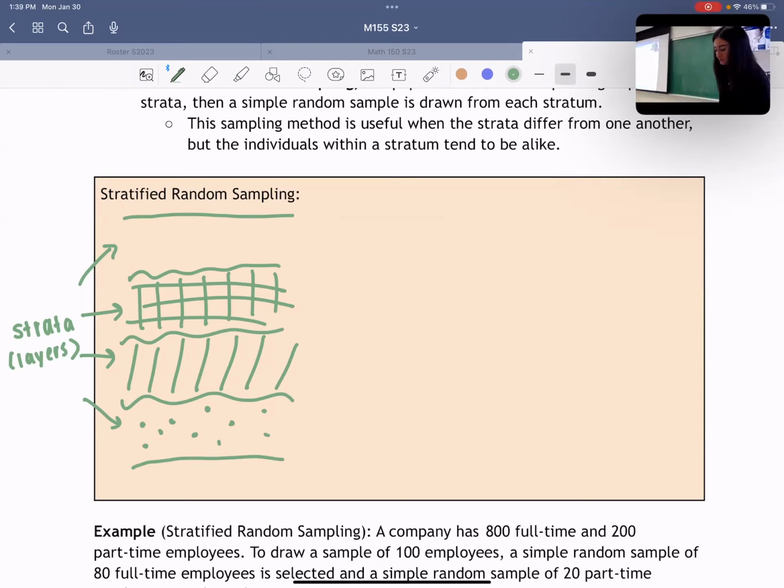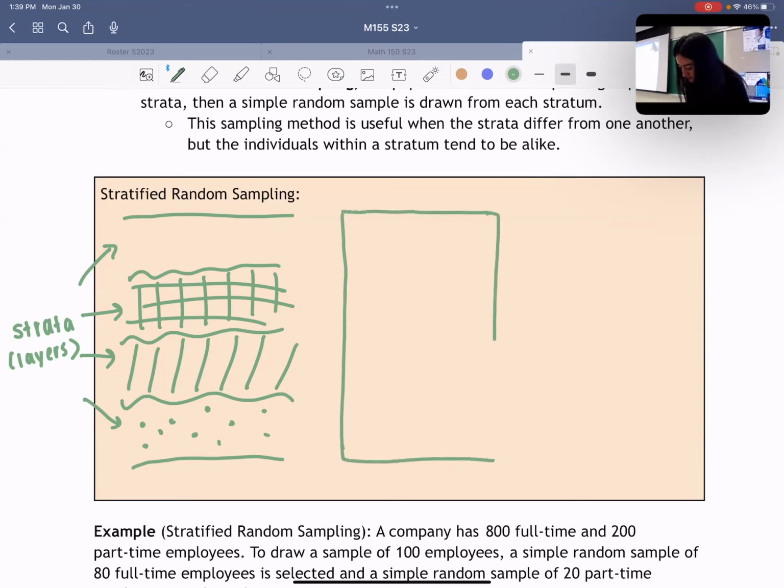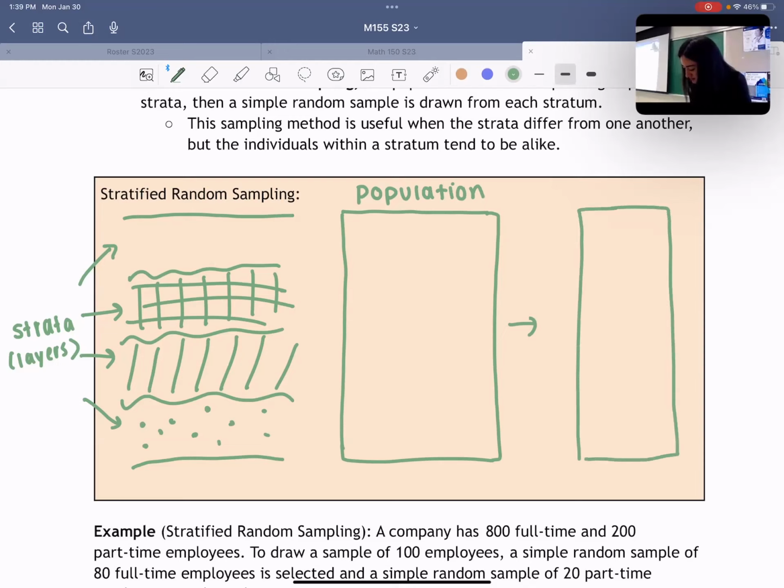Now, let's see how this goes in a sample, okay? In this picture, I'm just going to draw a big box to represent my population. Okay, so let's make my population this big box. And from this population, I'm going to draw a smaller sample. So my sample is here.